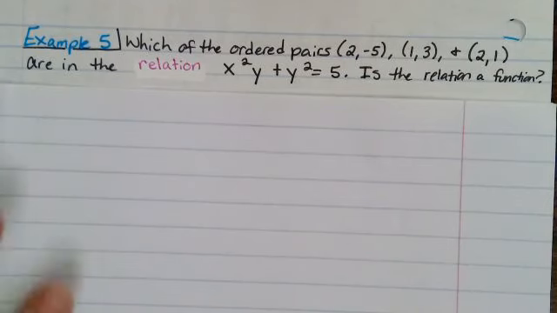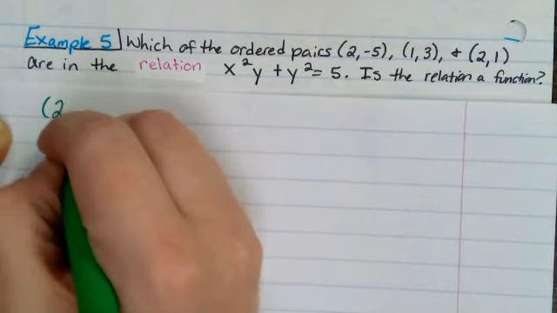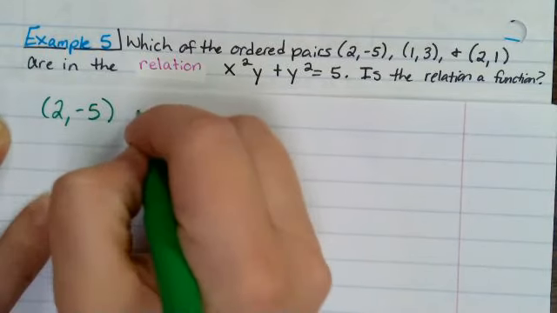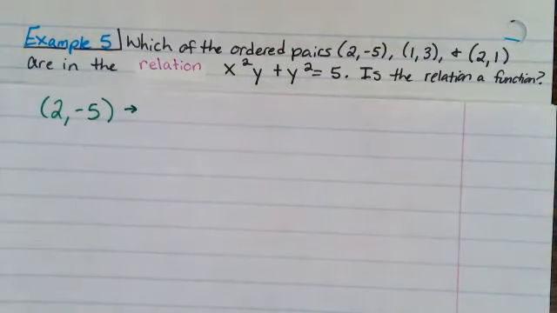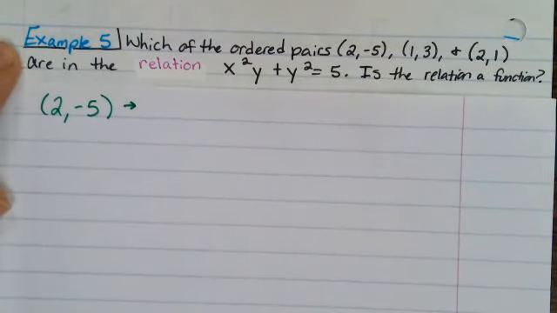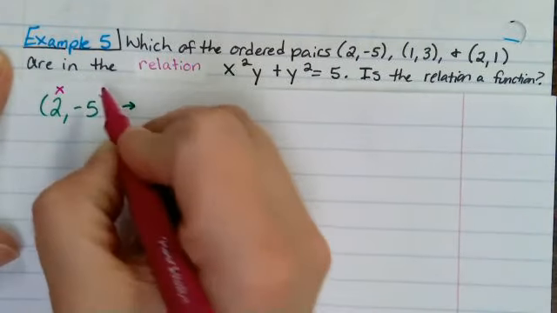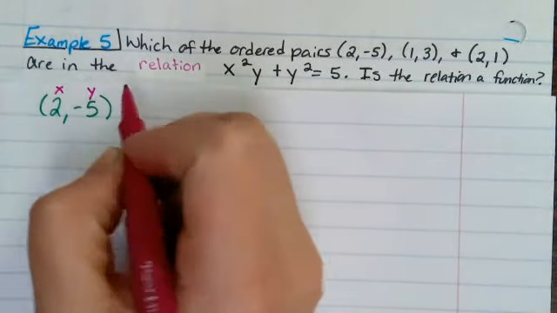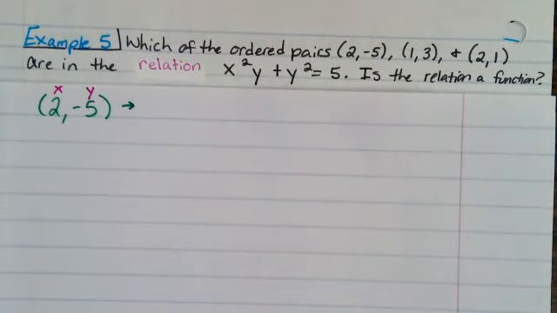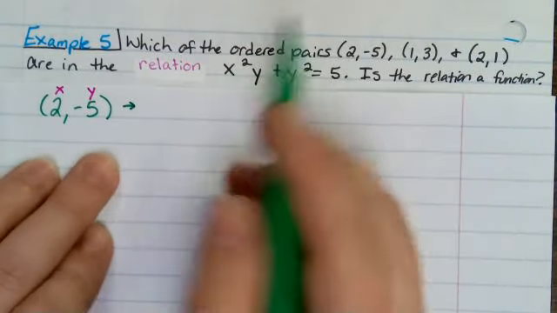If you think about the points, I have the point (2, -5). Just remember that every single point is giving you an X value and a Y value. So when I see this, (2, -5), I'm seeing an X value of 2 and a Y value of -5, right? So what I can do is take those and just plug them into this equation.